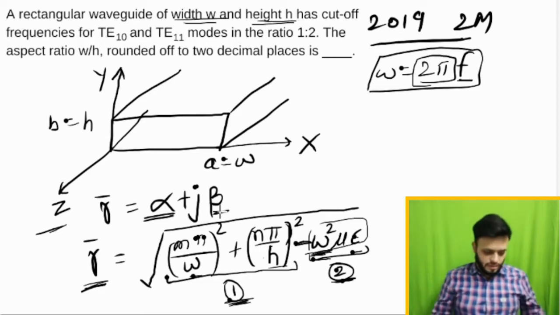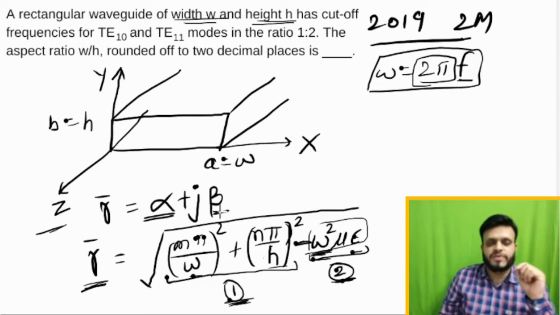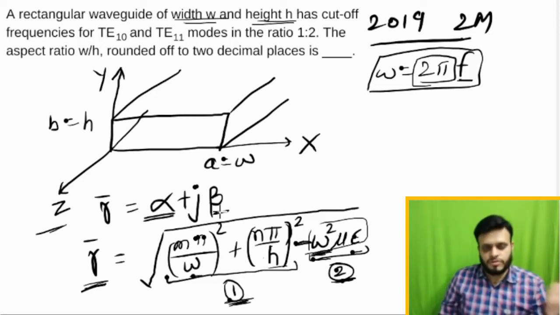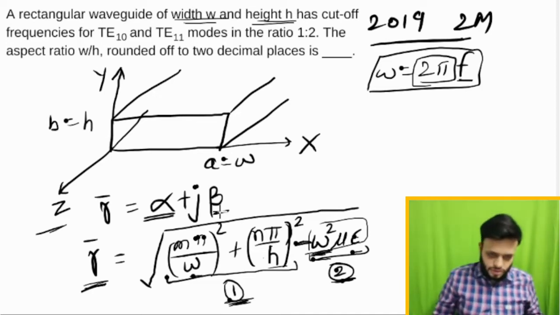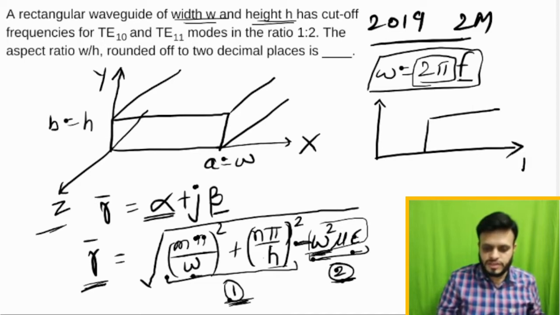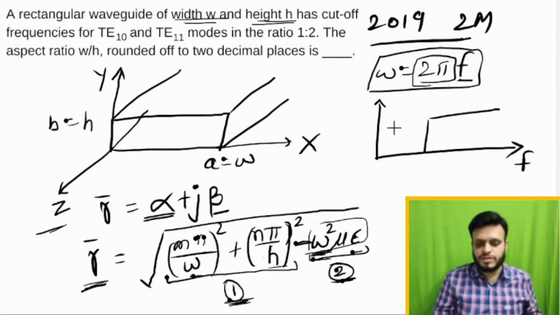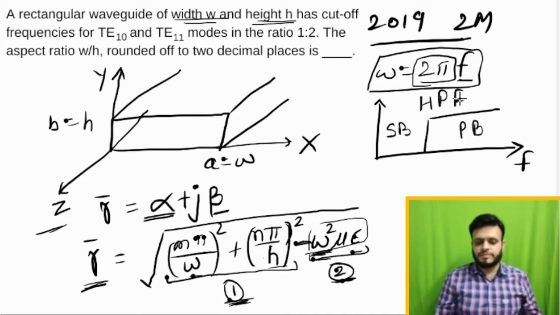But as we know, we define a limiting frequency, that is called your cutoff frequency, omega c or fc. As your waveguide acts like a high pass filter, you might have known these things. This is your frequency, this is your stop band, and this is your pass band of the high pass filter.